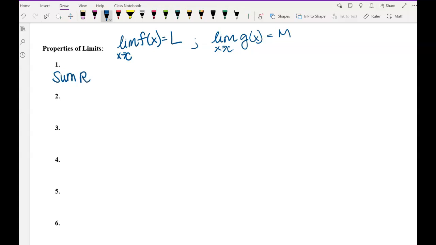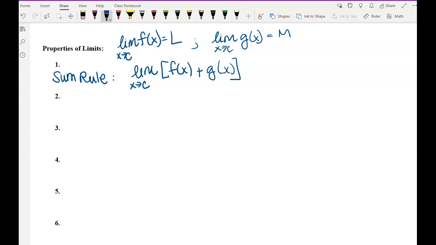Okay, so on the first one, sum rule, that means addition. If we have the limit, students, as x approaches c of f of x plus g of x, okay?